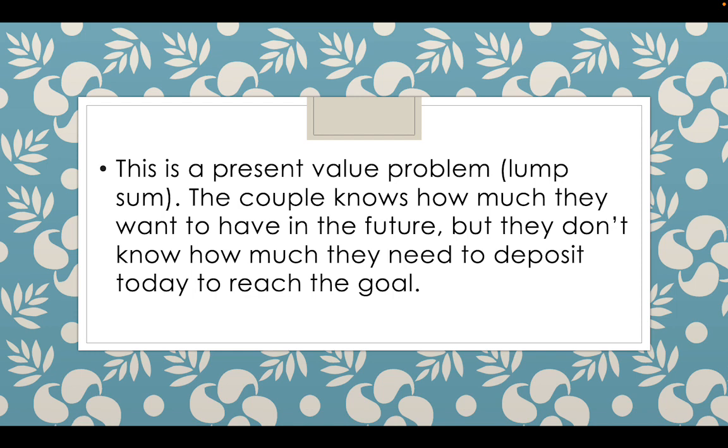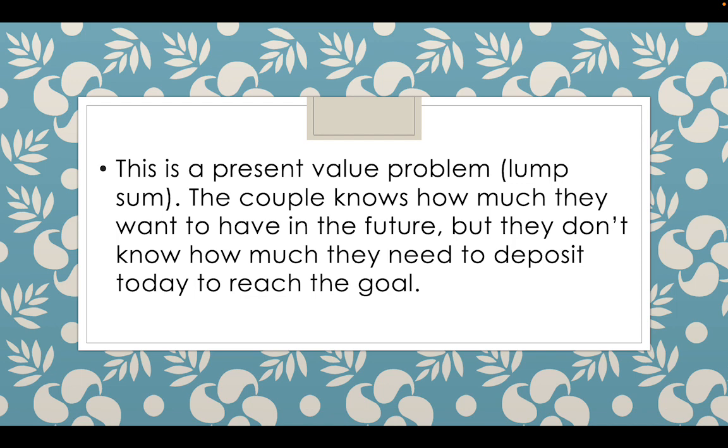Now it's a lump sum problem because the couple know how much they want to have in the future. They don't know how much they need to deposit today, and they're only talking about putting money in the bank today, right? They're talking about putting money in one time today in order to get to that amount. They're not asking how much do we need to put in the bank each year in order to get to 60,000.